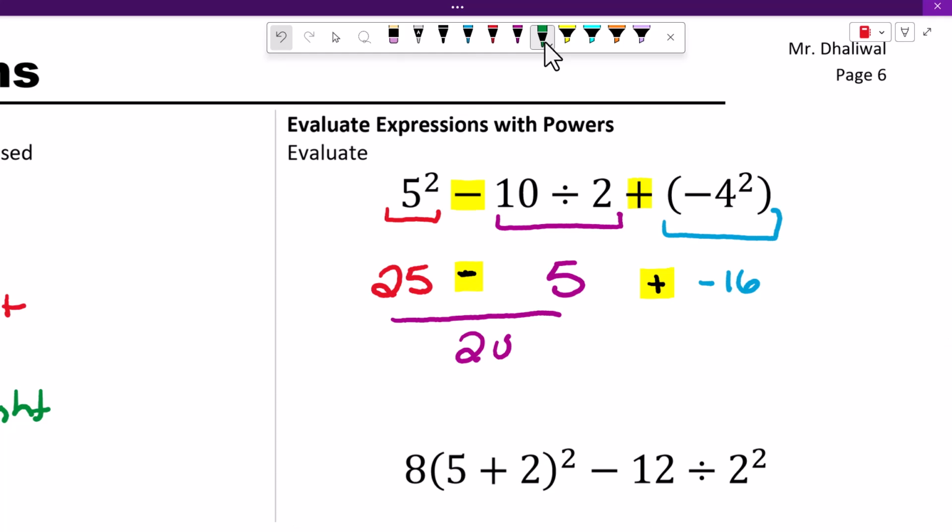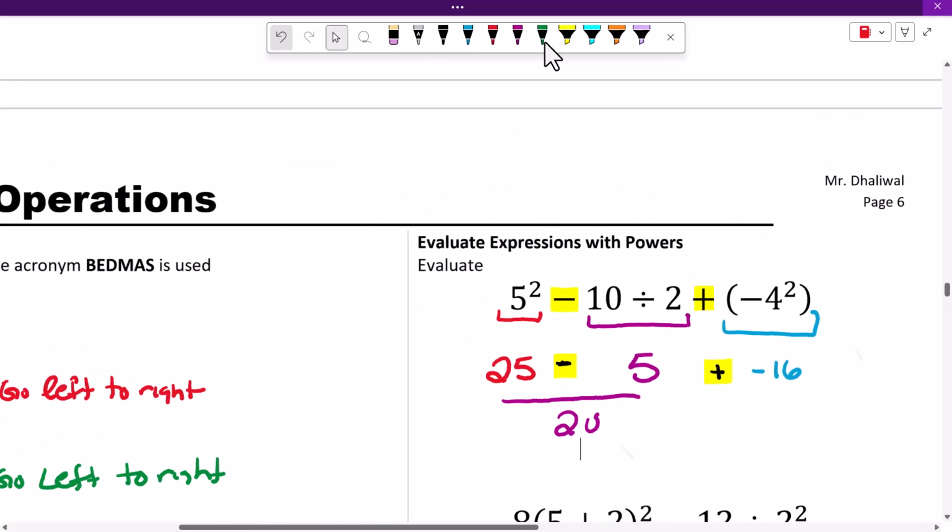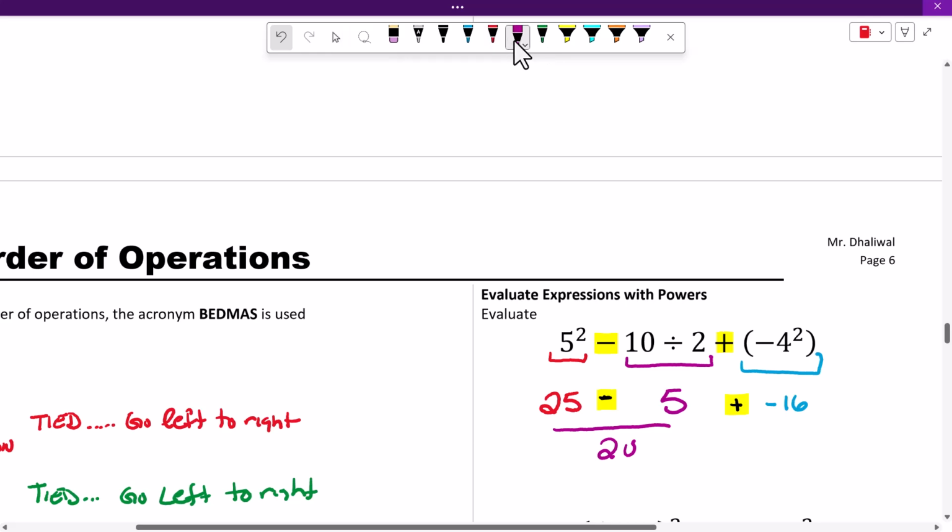So if you have two signs sitting next to each other, combine them to a single sign, right? What I mean is, remember the integers from last year. If you have a plus next to a plus, two positives being multiplied, you get a positive. If you have two negatives next to each other, it becomes a positive.